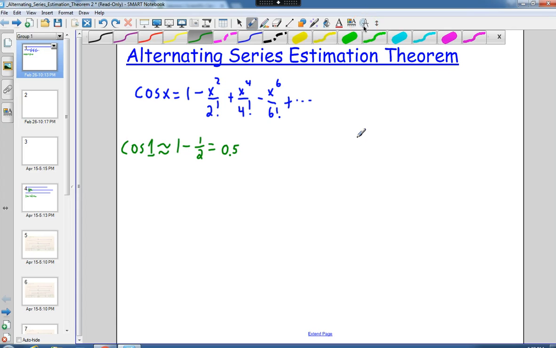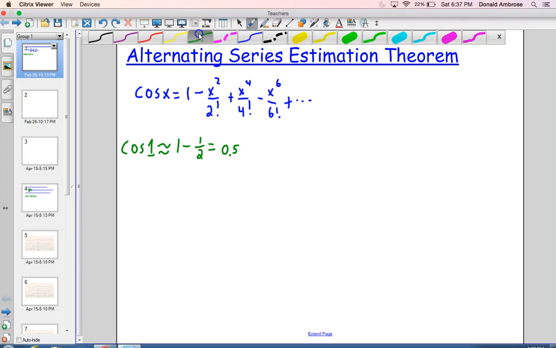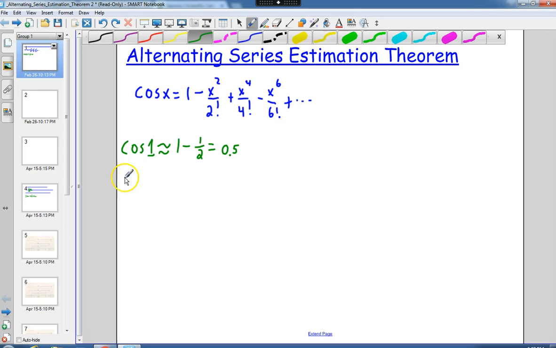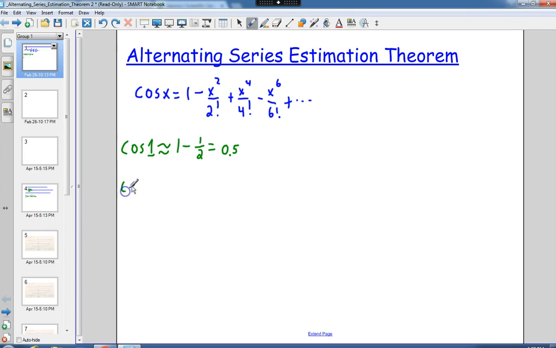So now I'm going to move on to the next partial sum and sum up the first three terms of our particular series. That would be taking 1 and plugging that into the first three terms of the Maclaurin series for cosine. And that would be 1 minus 1 half plus 1 to the fourth power, which is 1, over 4 factorial.